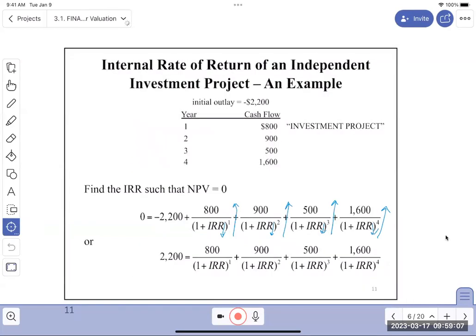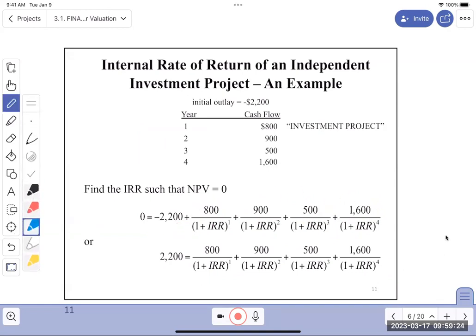Let's go back to the formula. Let's put 0 into the formula. If you put 0, 0, 0, 0, then it's 800, 900, 500, 1600 minus 2200. So I'm not dividing by 0. All I'm going to do is divide by 1, right?